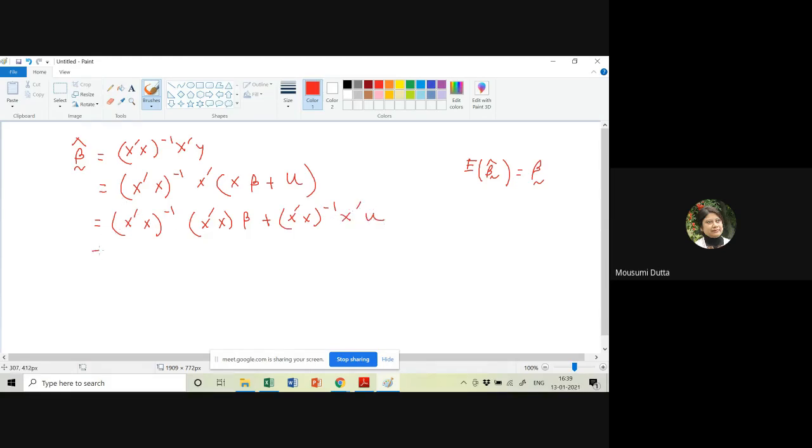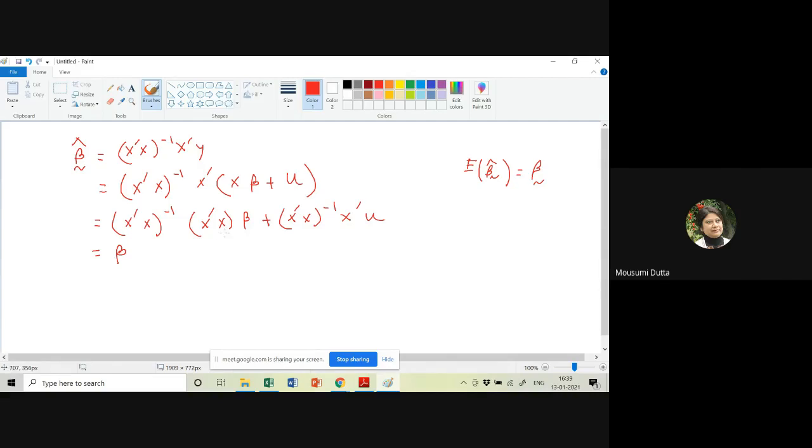Now from the first term, what are we actually getting? Can we adjust everything and reduce the first term? It will be just beta. x prime x inverse will be adjusted with x prime x, giving us the identity, and it will be beta only.